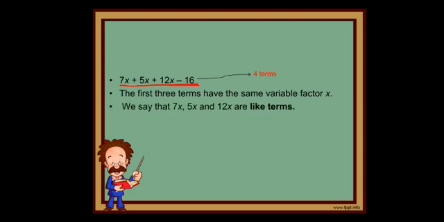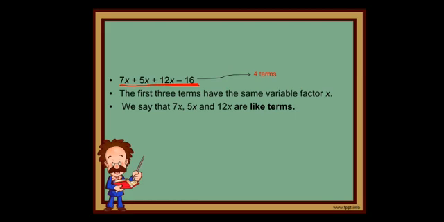So we say that 7x, 5x and 12x are like terms. Since the first 3 terms have the same variable factor, we are calling those 3 like terms.